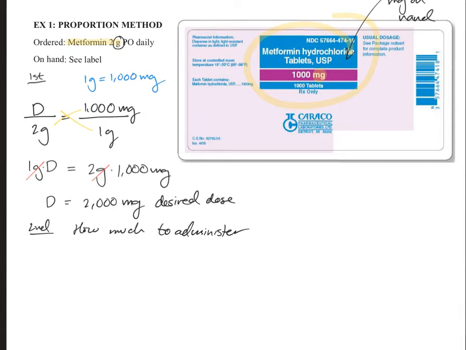Alright, so when we're using the proportion method, we're going to set it up as follows. The dose on hand divided by dosage unit is going to equal the desired dose divided by amount to administer.